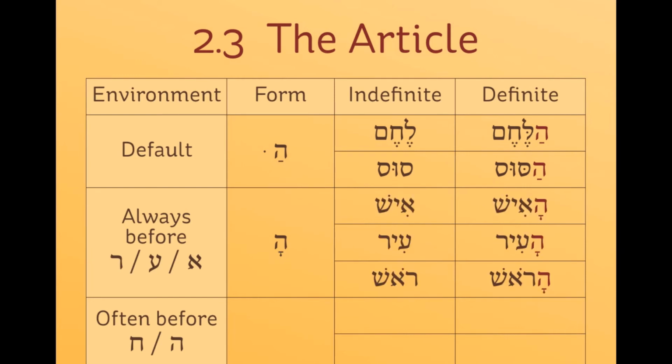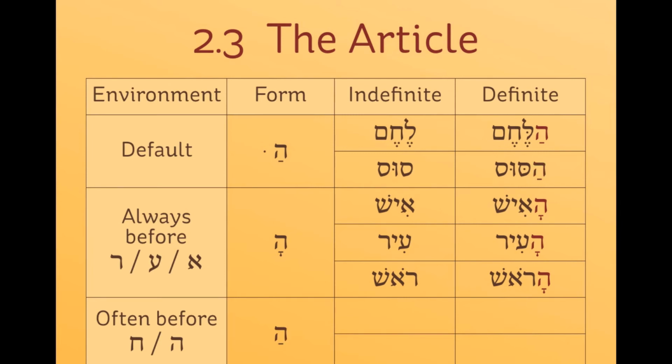Here are some examples. Ish means man. Ha-ish means the man. Ir means city. Ha-ir means the city. Rosh means head. Ha-rosh means the head.